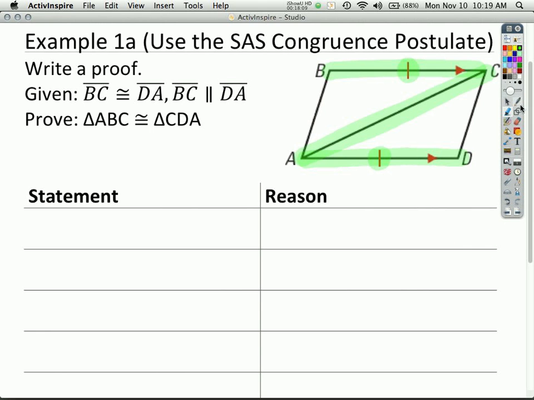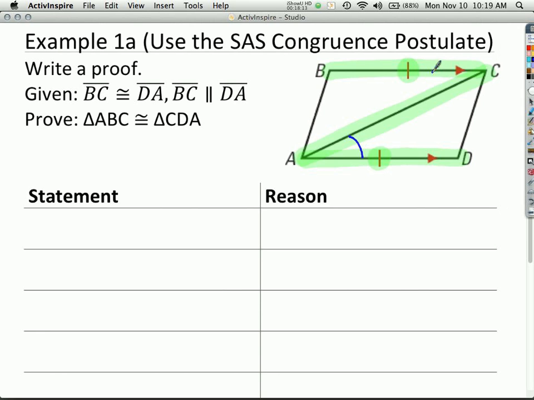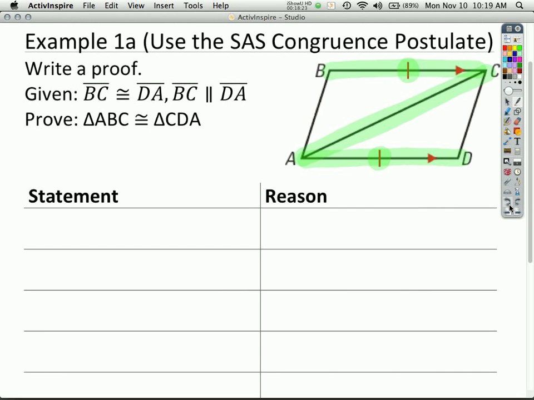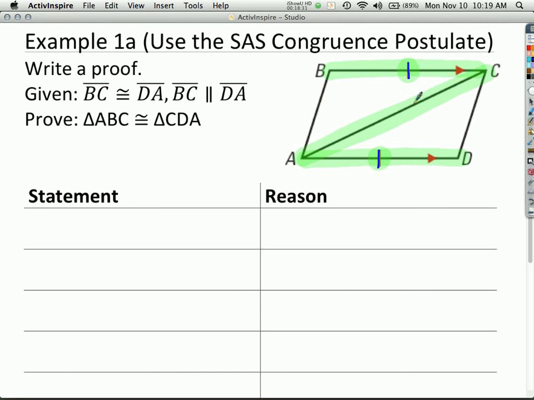So now we need to show this is congruent to that. If we can show that, then we've got side angle side. But I don't know how to do that. The other stuff was pretty clear. This was given to us right there, and we're getting very used to the reflexive property, so we've been doing that a lot.